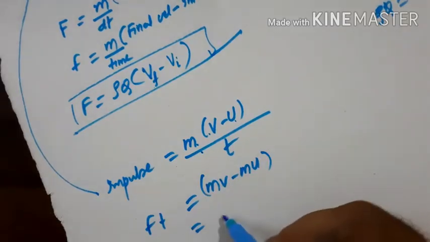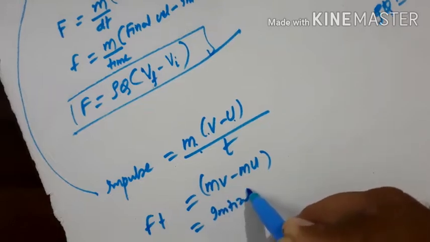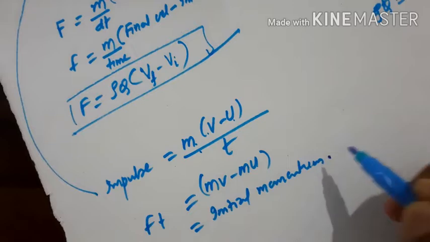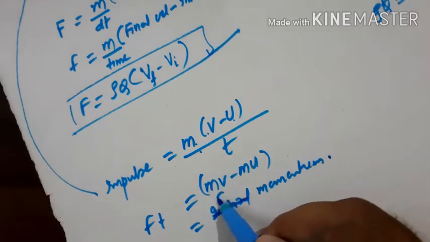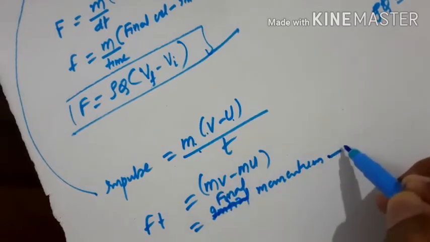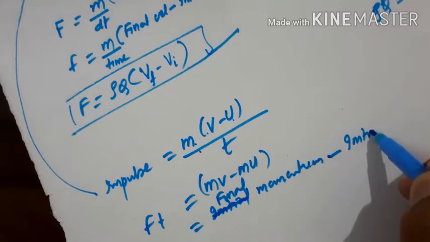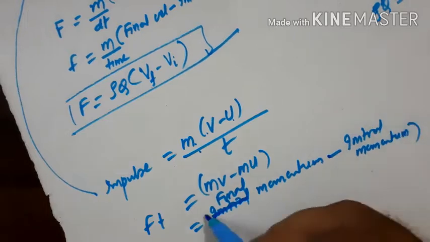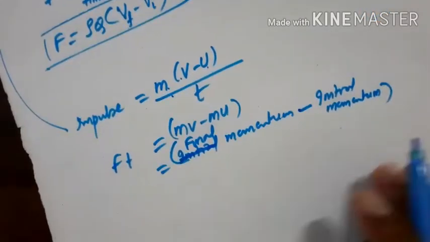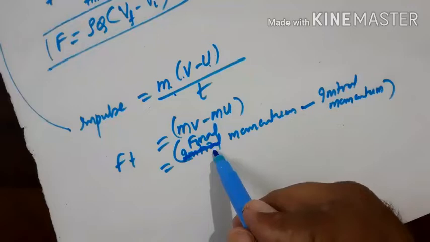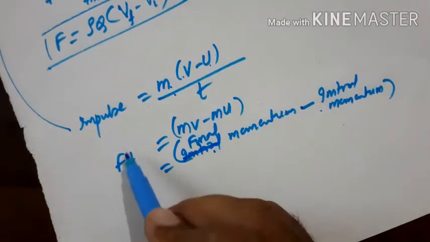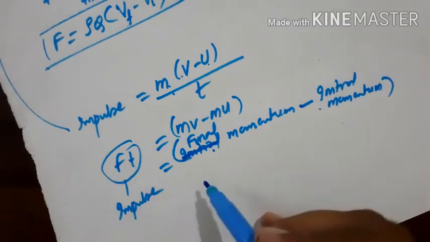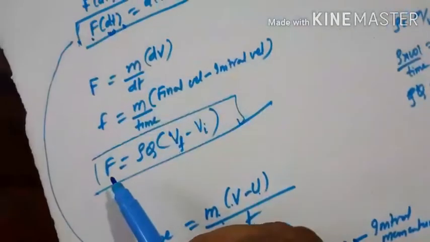So what it gives? Final momentum minus initial momentum. So impulse is nothing but final momentum minus initial momentum. This F into t is nothing but impulse. Okay, or else this equation is also right.